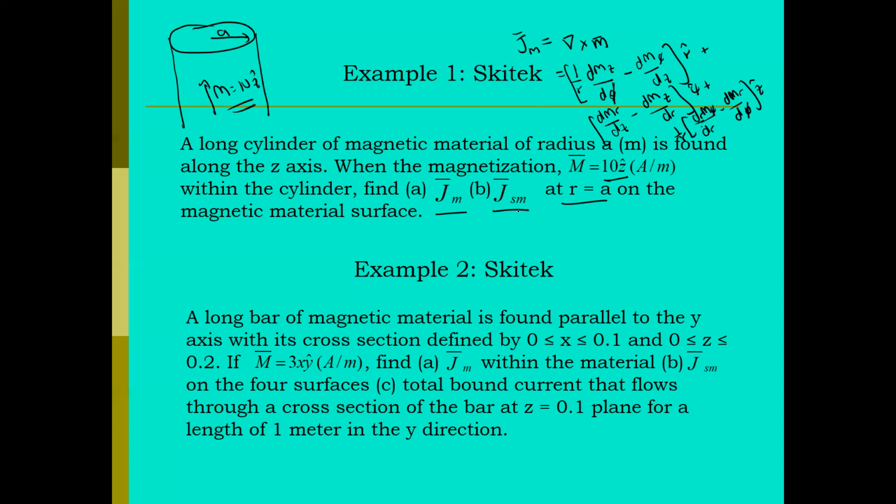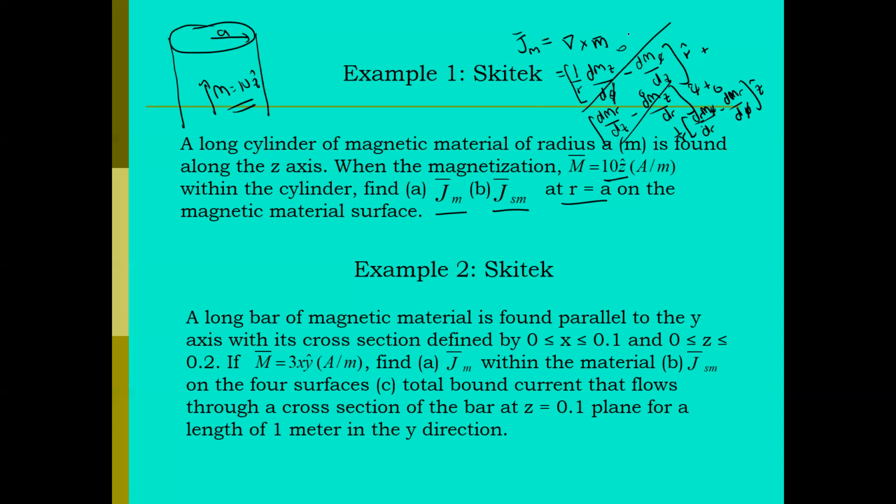But looking at this equation, M is just a constant value, which is 10. Based on this equation, we have Mz, and dMz over d phi is all related to the differentiation of the z component of M with respect to r and phi. So we can see that the results of differentiation will be zero, because your Mz is just a constant value.